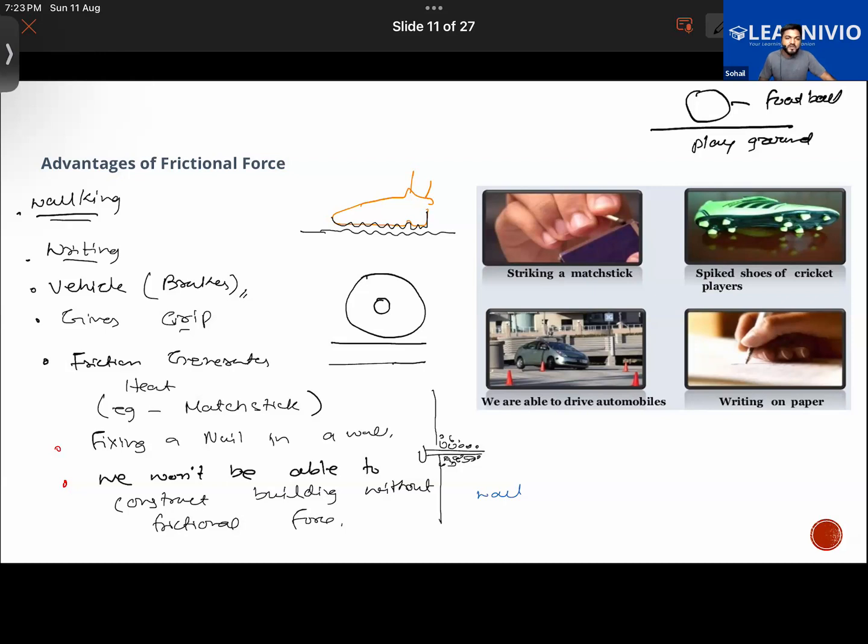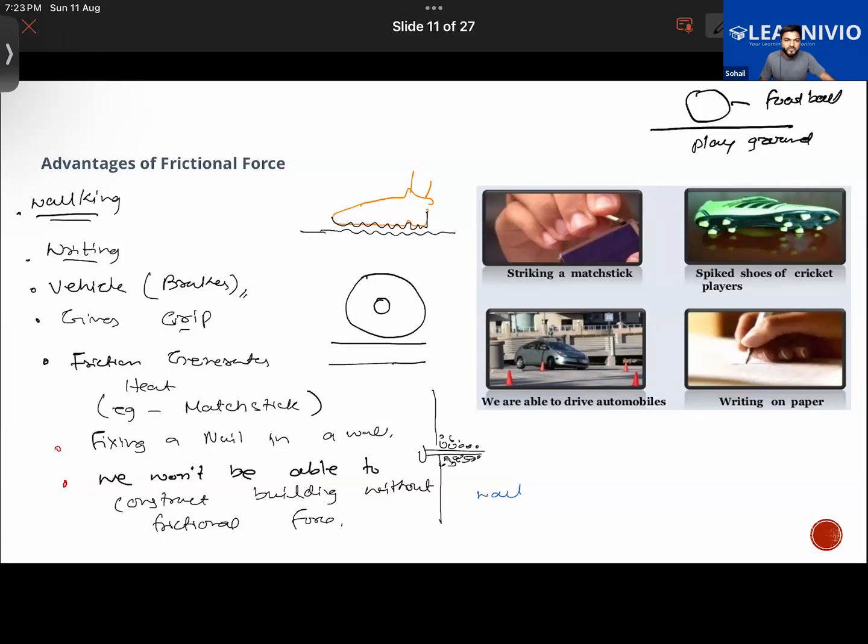Anyways, coming back to the question which I asked you: what would happen if there were no friction? As we know, friction is a type of force which allows us to hold on to different things. It would be really difficult to carry out day-to-day activity.